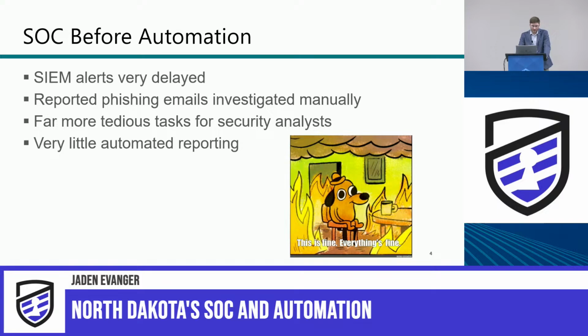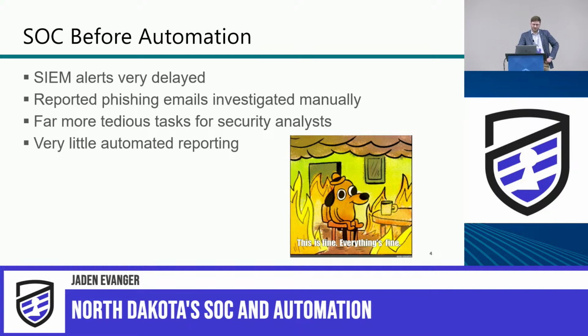It was chaos. And then, of course, we've got tedious tasks that analysts are doing, like sending emails to customers if there's like an external IP exposed from an endpoint on the network or something like that. Putting in tickets to the network team to block IPs and domains. So all that stuff was done manually. And we have very little automated reporting.